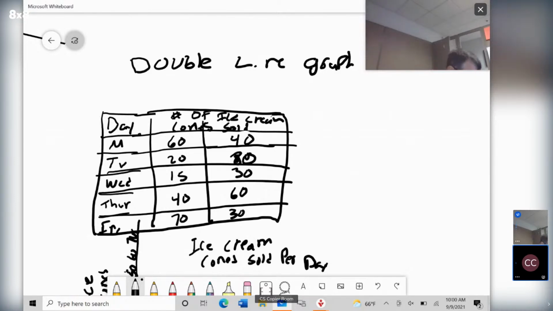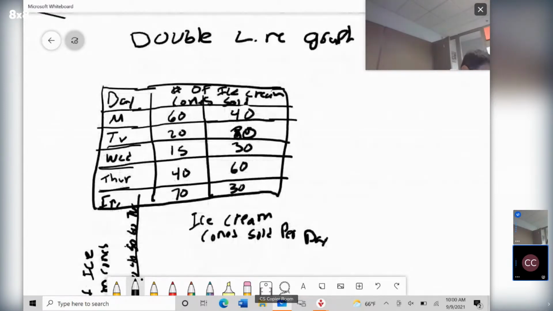The one thing I forgot to put here is, one column, let me put it in red. This column is going to be chocolate, and the other column is going to be vanilla. So it's ice cream cones, but we have two separate types.